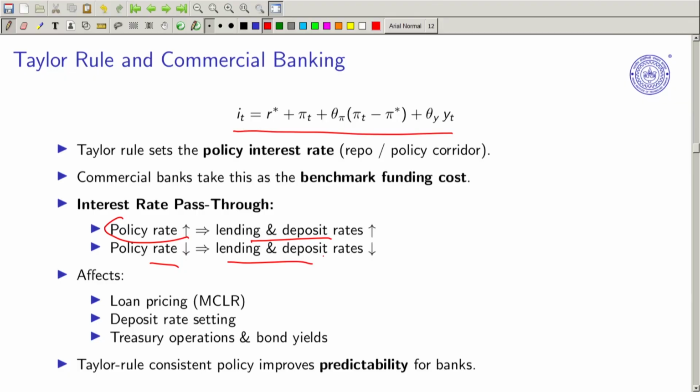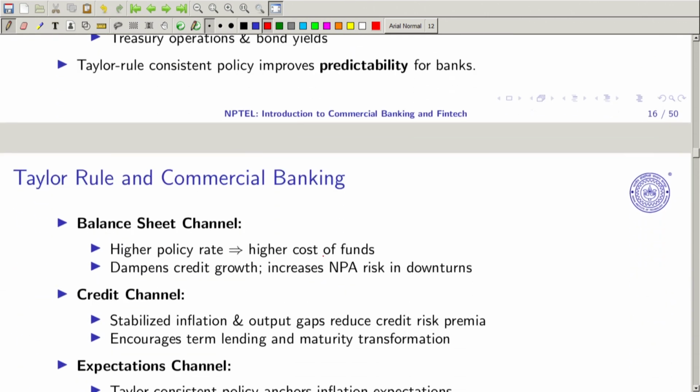But if the rate of interest comes down, then bond prices will also be higher, so previously issued bonds will have higher prices in the market as compared to currently issued ones if the interest rate is lower, right? So this is what we often see. And we find that the Taylor rule prediction also helps you in understanding how the banks are going to react. So this is where it is very, very important.